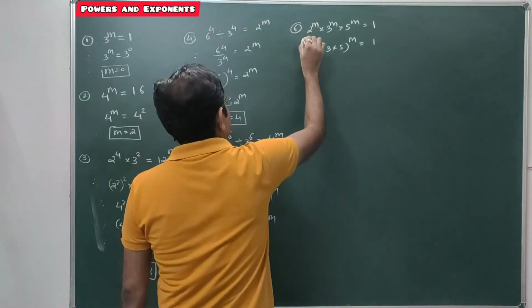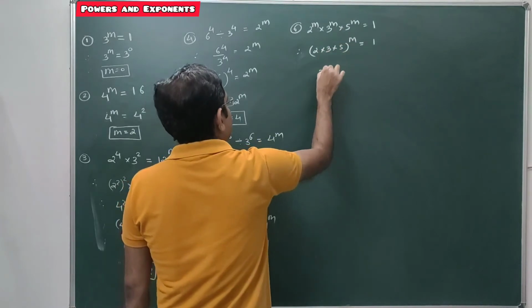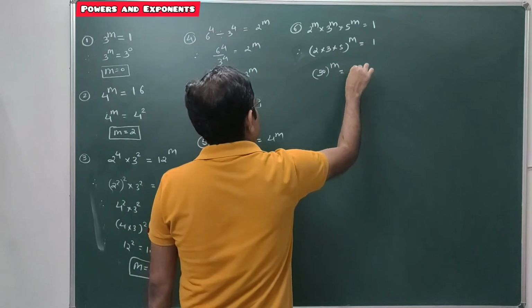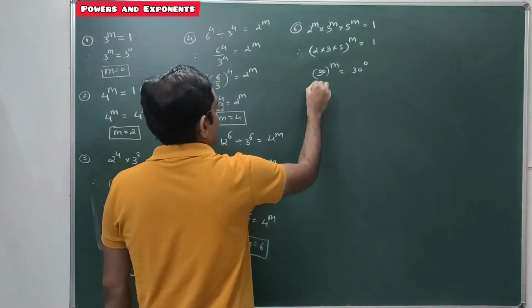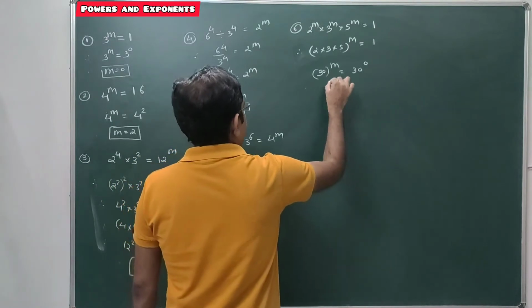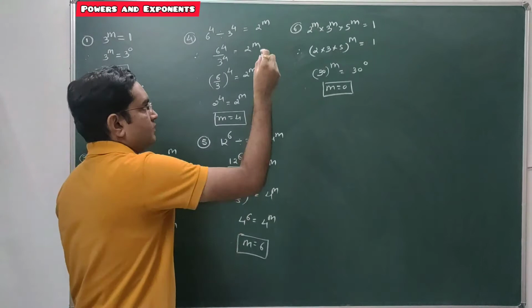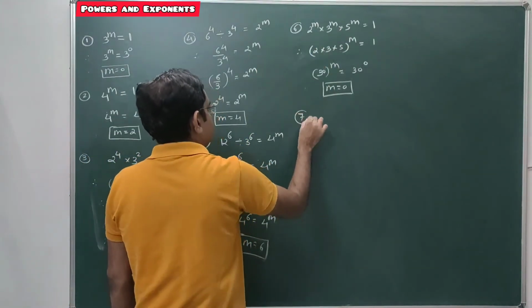And therefore 5 3s are 15, 15 2s are 30, 30 raised to m equal to, this one is 30 raised to 0. So the answer is m equal to 0. Power of 0, any number whose power is 0, the answer is 1. So take any number, our power m should be 0.